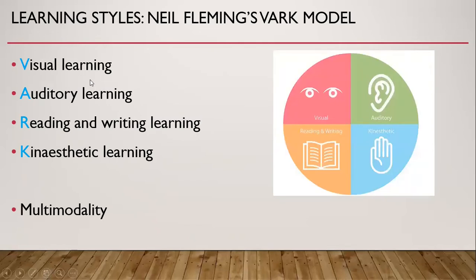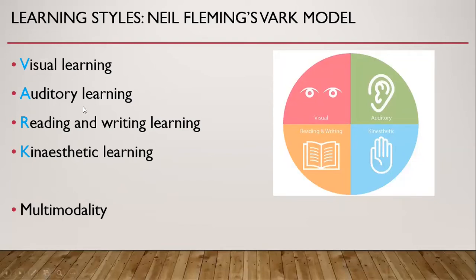These are various learning styles. This is the model given by Neil Fleming and also known as VARK model. V stands for visual learning, A for auditory learning, R for reading and writing learning, and K for kinesthetic learning. The learners who prefer visual learning are benefited by illustrations and pictures.